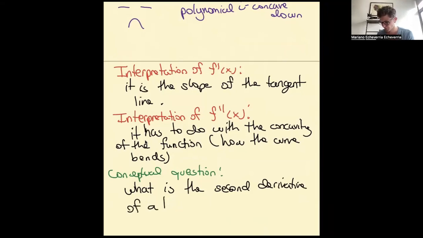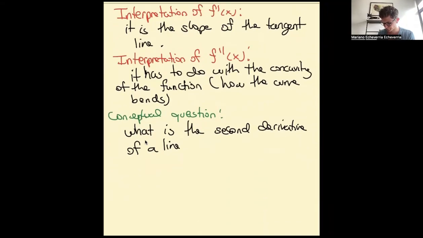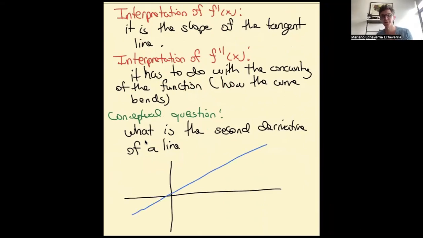What would you say is the second derivative of a line? So here's a line. Think of it as a curve. What would you say its second derivative equals?